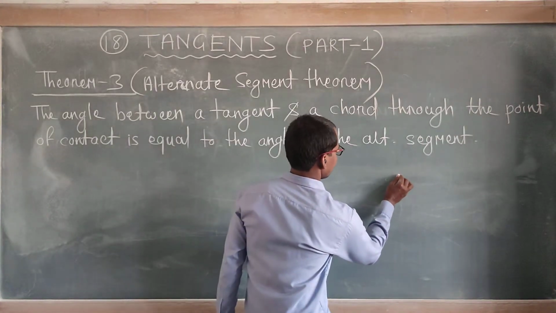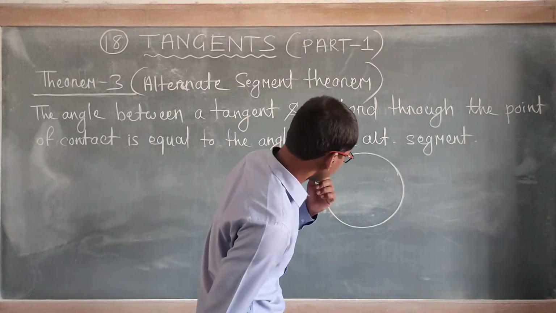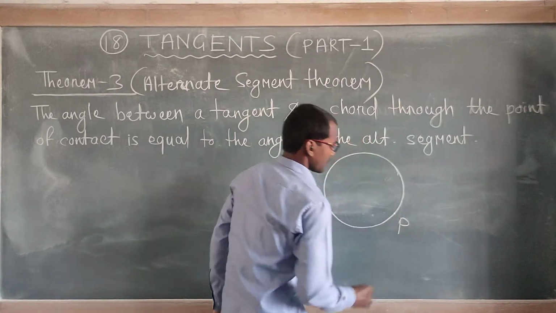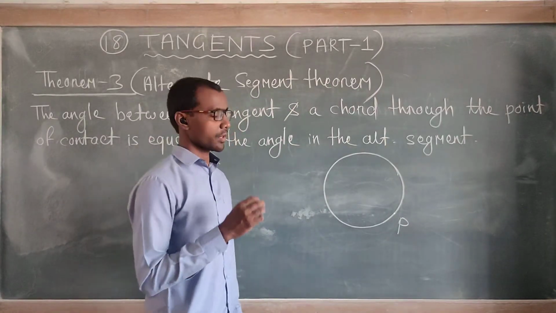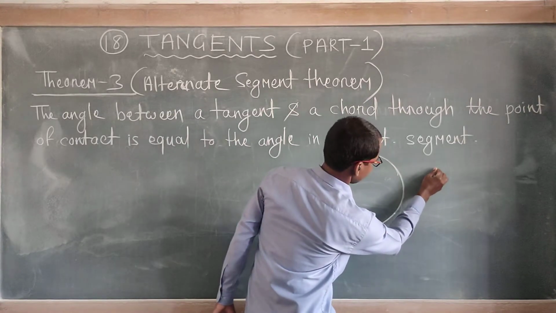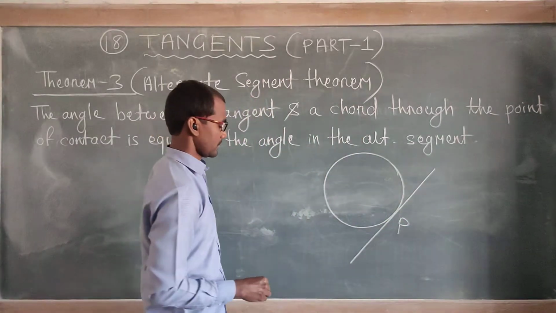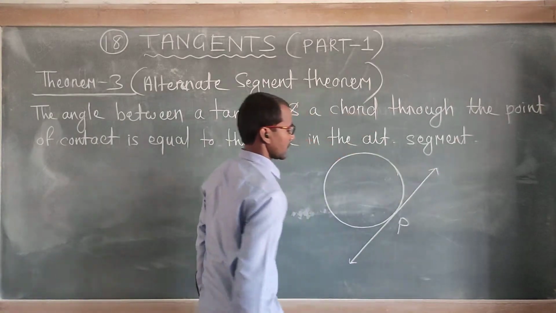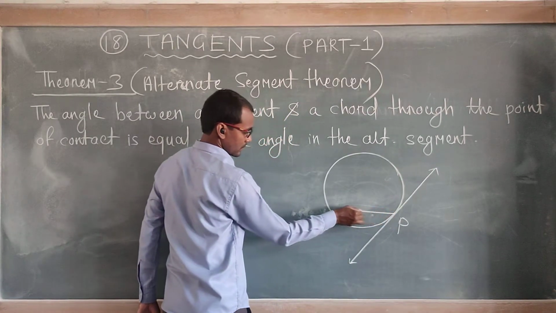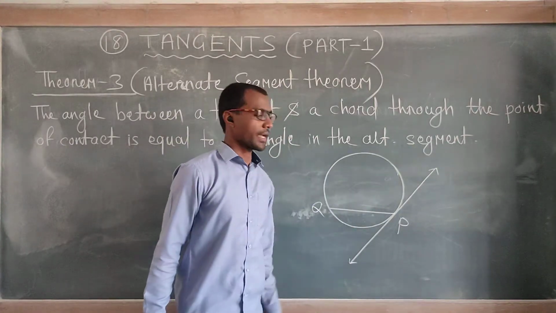Let us draw a circle. Let us take a point on the circumference, P. Let us draw a tangent through the point P. Now let us draw a chord through the point P. Suppose this is Q. So PQ is a chord and this line is a tangent.